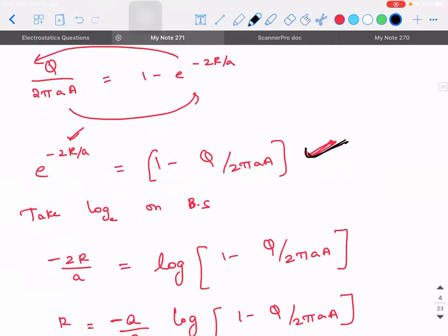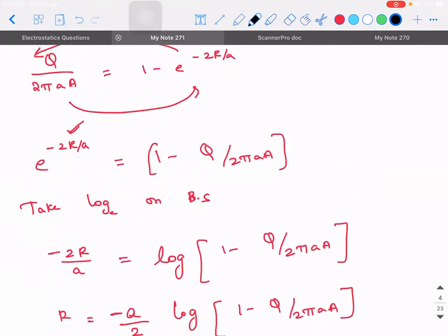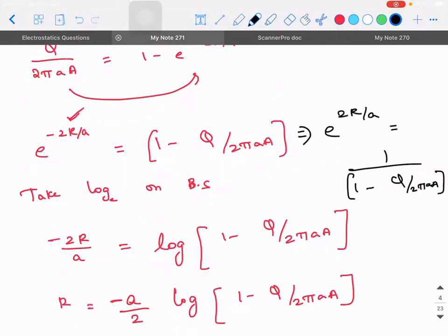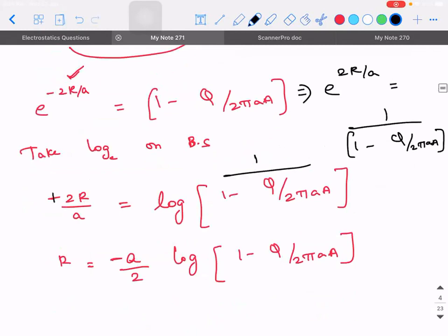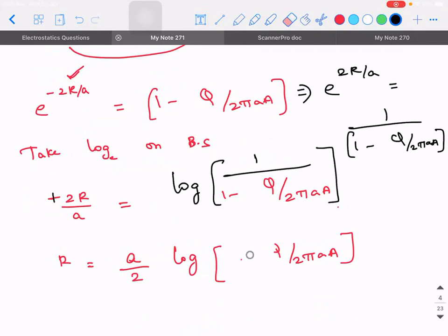Now, if I take e power 2R divided by a, then it will be 1 divided by 1 minus q divided by 2 pi into small a into capital A. So log of, it would have been 1 by, this is the answer.